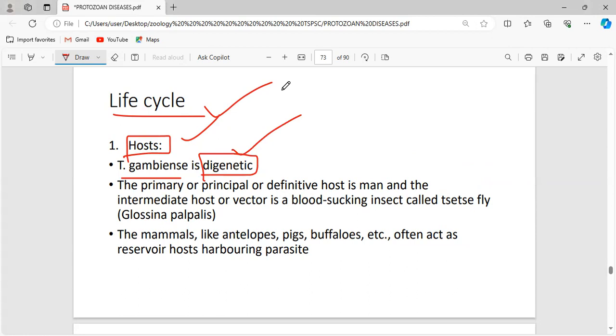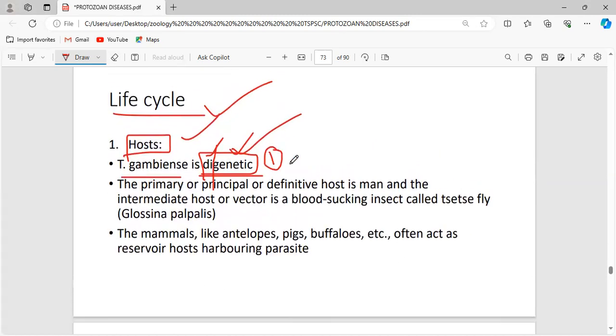It needs two different hosts to complete its life cycle. One is the tsetse fly, as its carrier, and the primary host, that is human. That is why it is called digenetic. To complete its life cycle, it needs two hosts. So this is an important thing you have to remember.